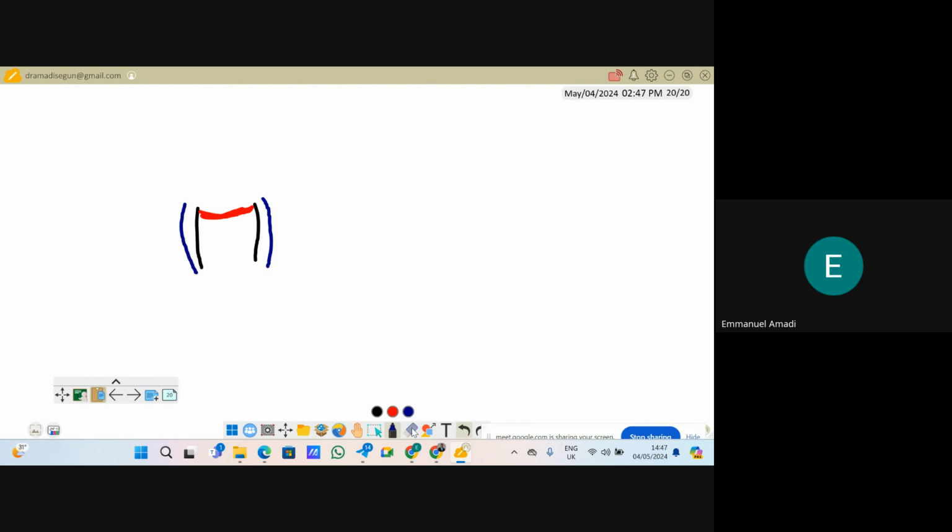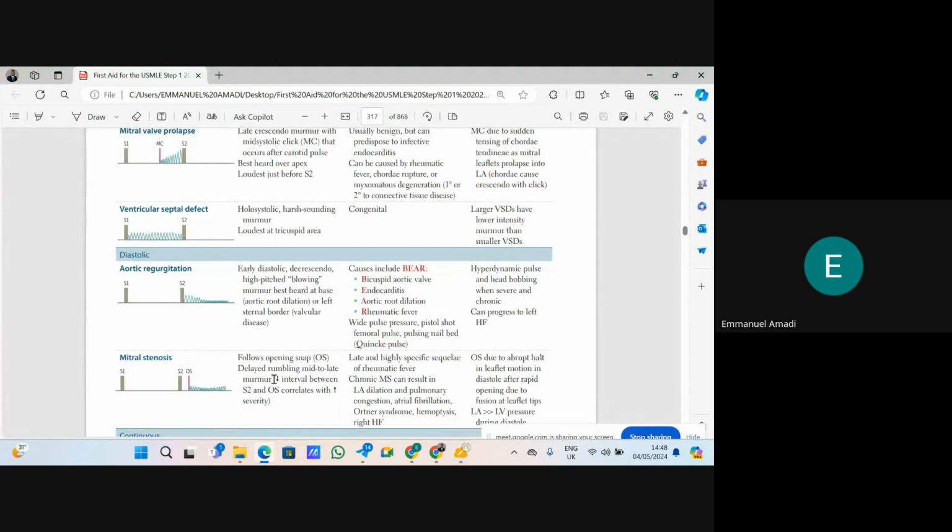You will discover classically that this valve will no longer be able to stretch to both ends of this new aortic root. And of course, you will definitely have this gap. If you have this gap, of course, you can have regurgitation happening. That is the aortic root dilatation.